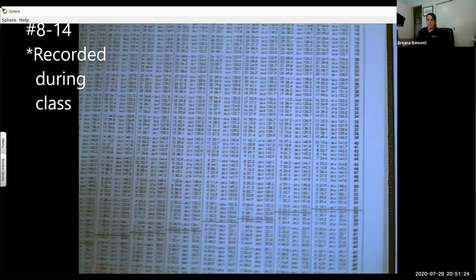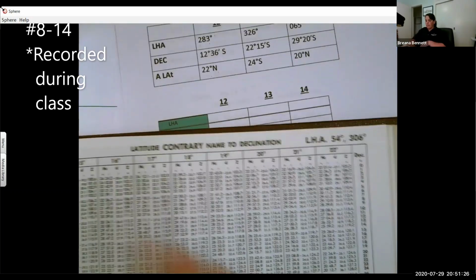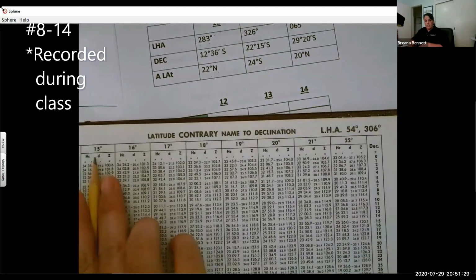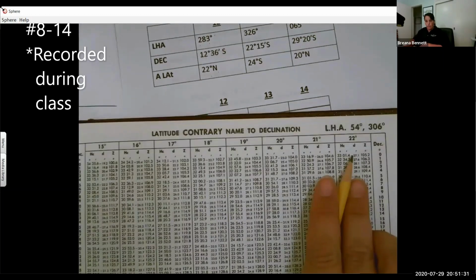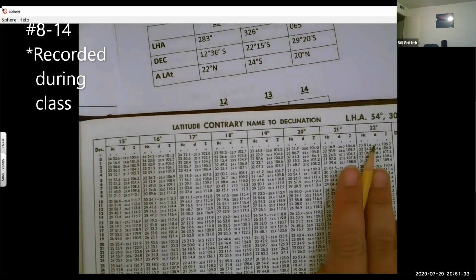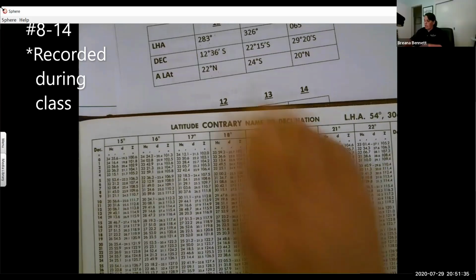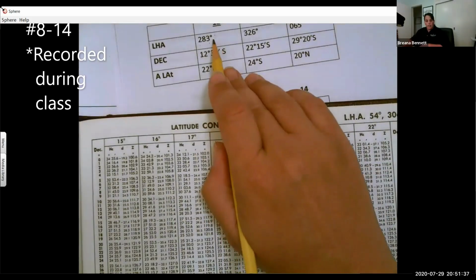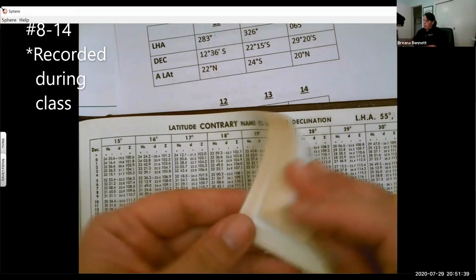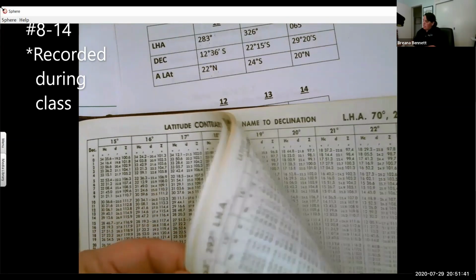And then I'm going to find the first half of the book goes from 15 to 22. So I'm going to be in the first half of the book, and I'm looking for an LHA of 283. So I'm going to flip through the beginning of these pages.